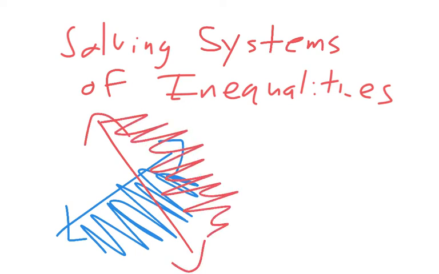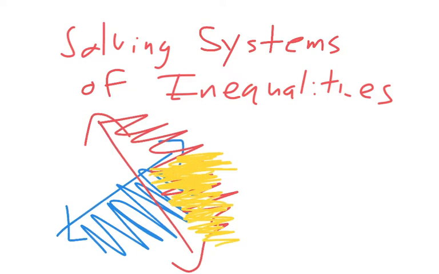And the solution is going to be where these inequalities overlap, which would be this section here that I'm coloring in yellow. You see where the red and the blue meet? That is your solution to your system of equations. Or sorry, to your system of inequalities. So ingrained to say system of equations.